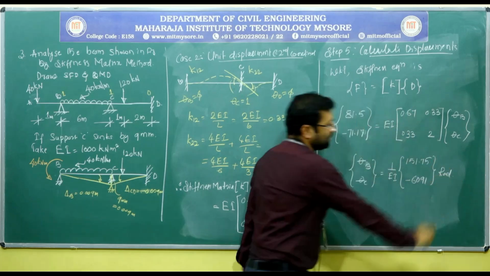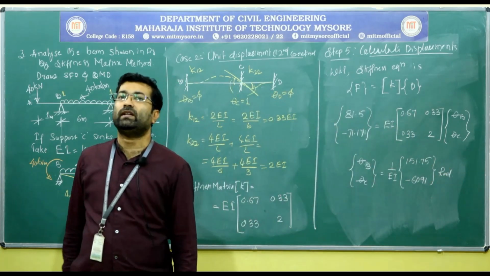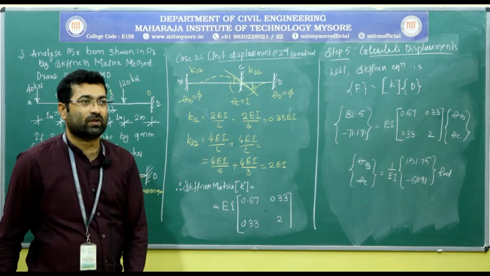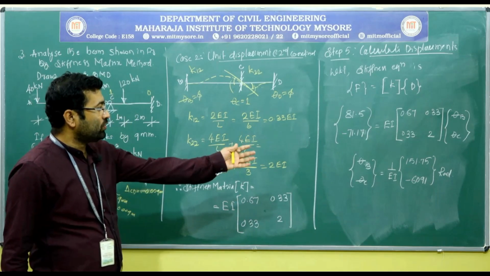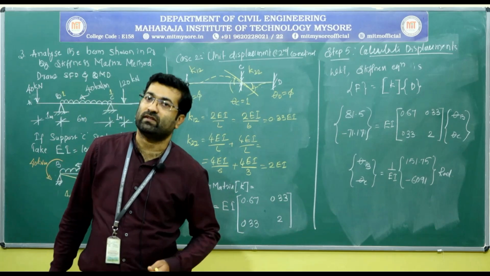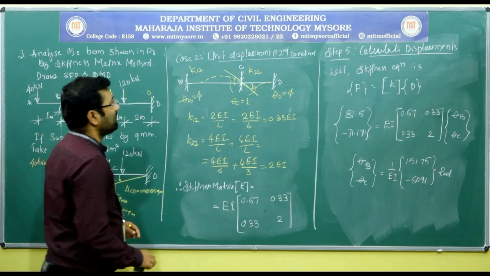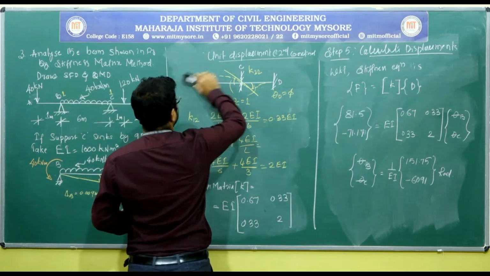So these are the rotations at B and C due to the external loadings and the support conditions. Now we have to use these rotations for the calculation of the end moments. That we will do in step number 6.